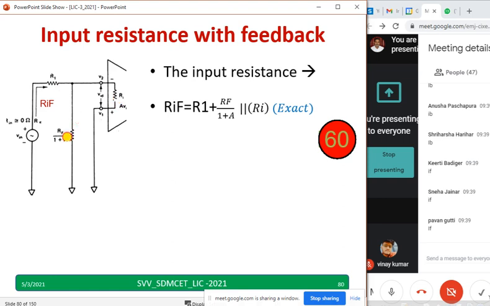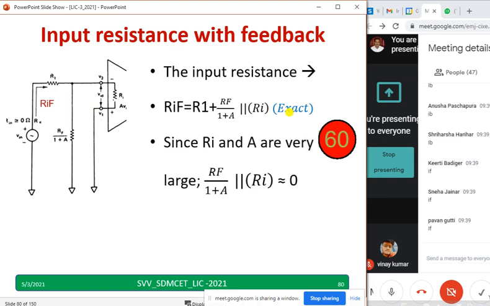So RI and RF by 1 plus A become a parallel, and that resultant becomes a series with R1. That is the equation you have written for RIF. This is exact.